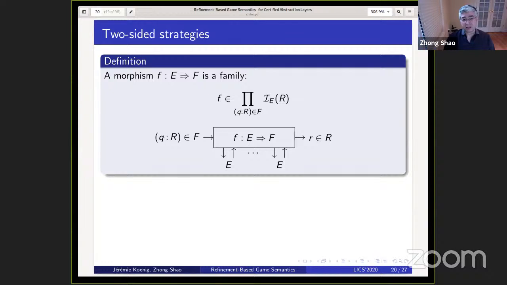And in the CertiKOS project, we are not only using it for verifying sequential C programs, we are using it to verify concurrent programs where we have multiple threads, and each thread is modeled as strategies.